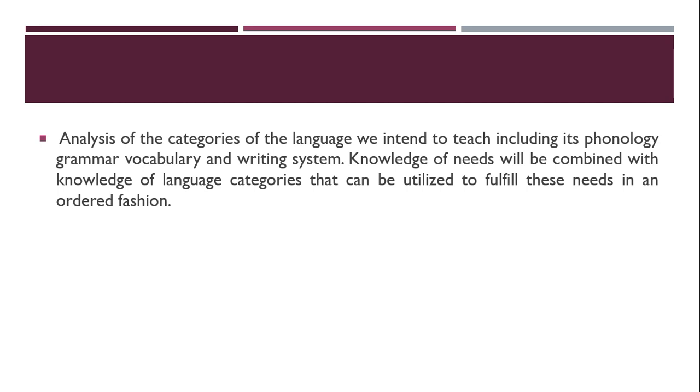Grammar. We have certain grammatical rules that are incorrect, but in our society they are accepted. We have certain vocabulary that is accepted by Iraqis and not accepted by Lebanese, for example. Writing system. Okay, this is general for Arabic. This is standard. But, okay, I have to know these things in order to make a material.